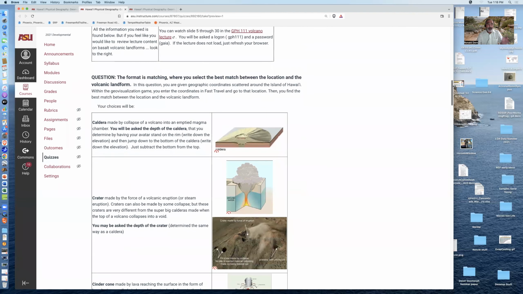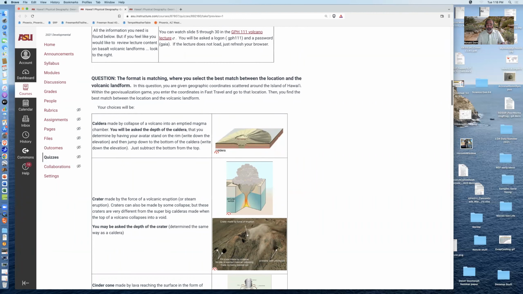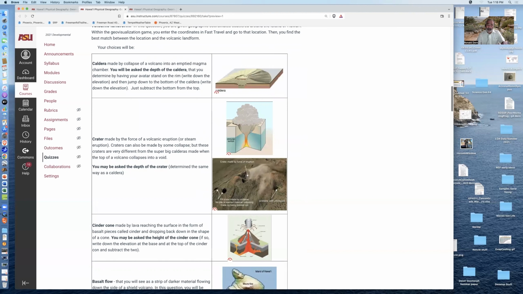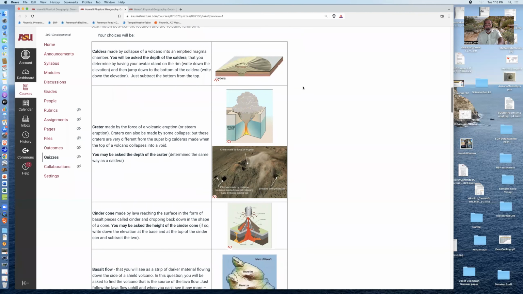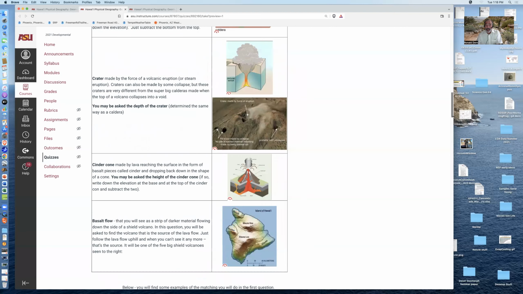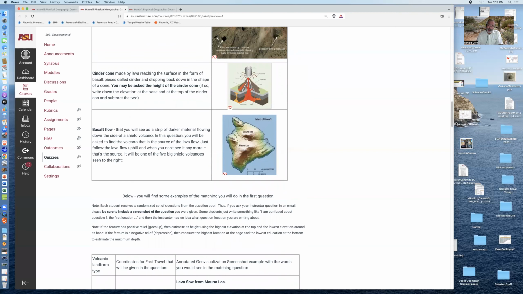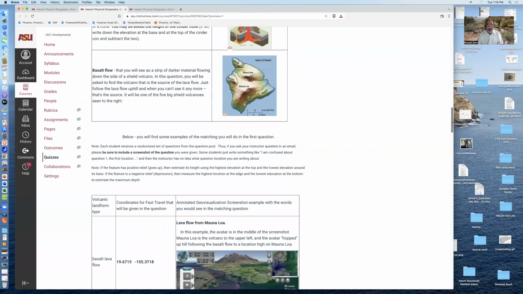The format of the first question is matching, where you'll look in the geovisualization at maybe a caldera, which is a collapse of the volcano into a magma chamber that's been emptied out, a crater that's made by the force of the eruption, a cinder cone, which is where lava reaches almost to the surface, is broken up by groundwater and turns into cinder that falls back down to make a steep volcano made of the same material as a lava flow, and then a basalt flow, which is the lava flow that pours out of the shield volcanoes.